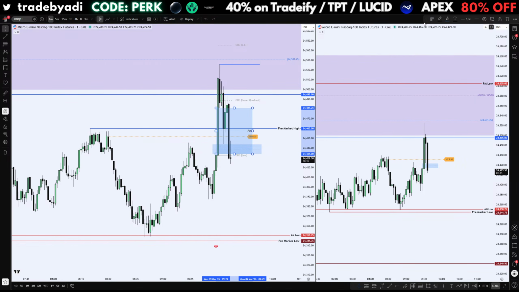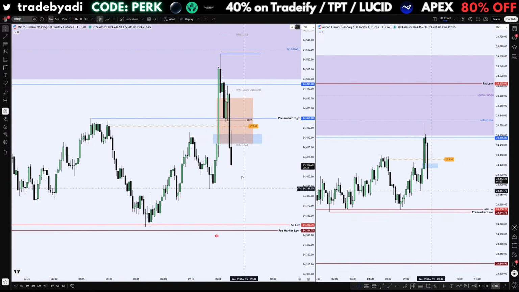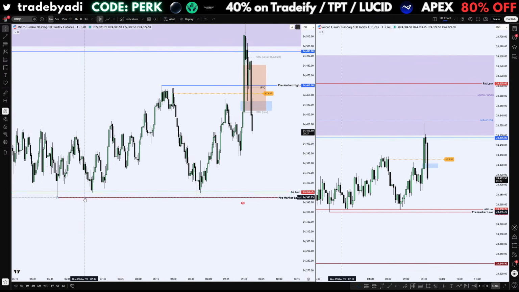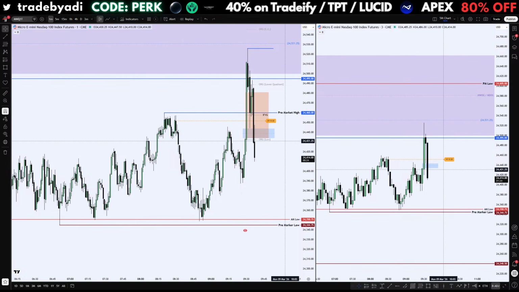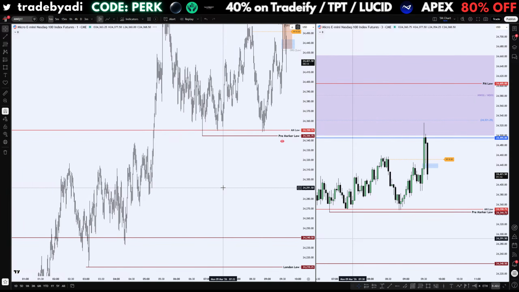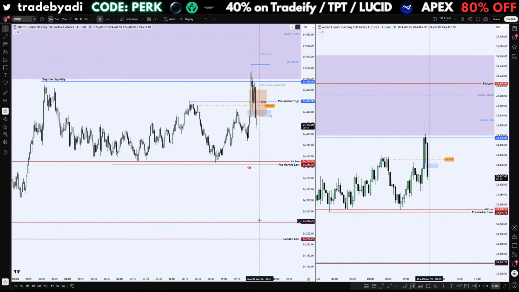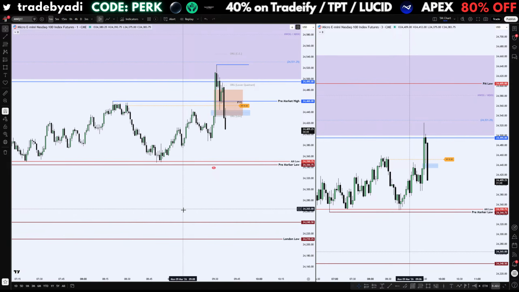Okay, it is going to be an IFVG, and most likely the 5 minute candle is also going to flip and target these equal lows. The pre-market low, the 8:50 low, and if we have a displacement, then we can also look for the London low as a target.